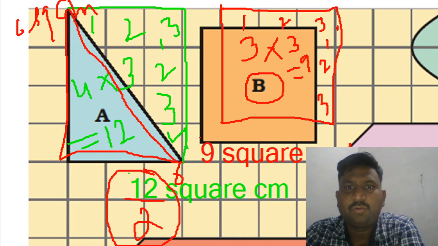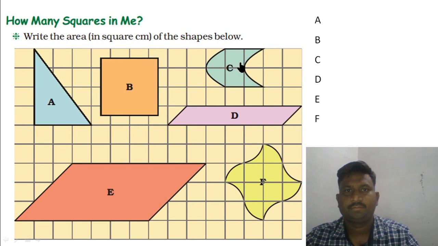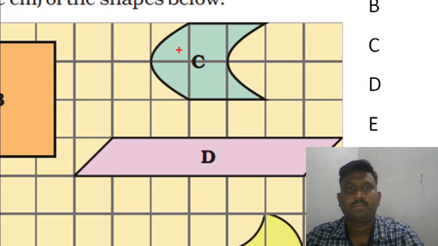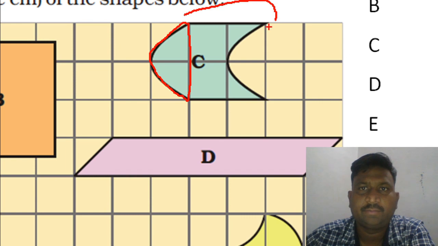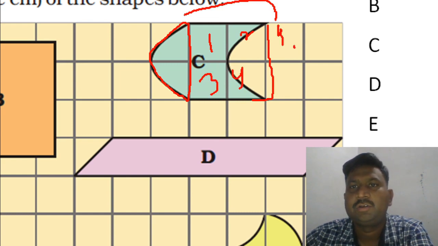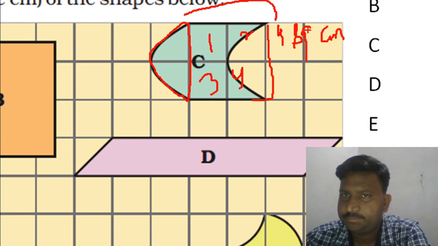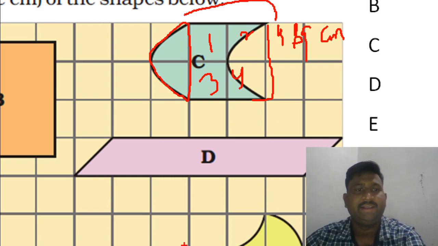So let us move for C shape. If I cut this portion and paste it here, so it would have become complete 1, 2, 3, 4 means C has 4 square centimeter. Okay, let us move towards D. D is here.